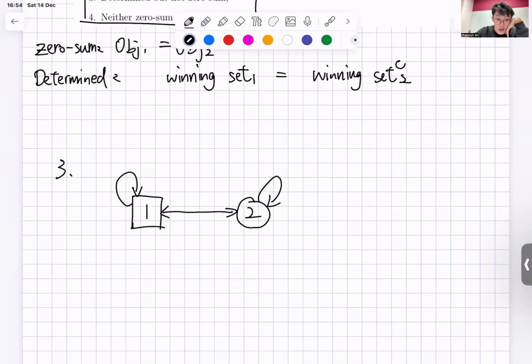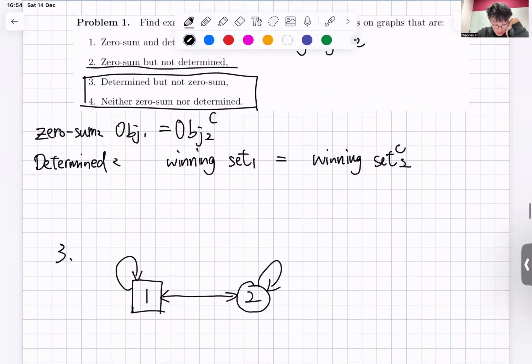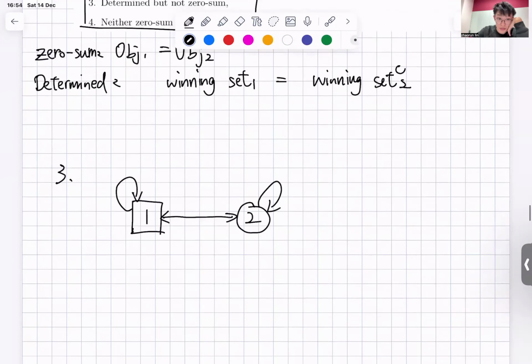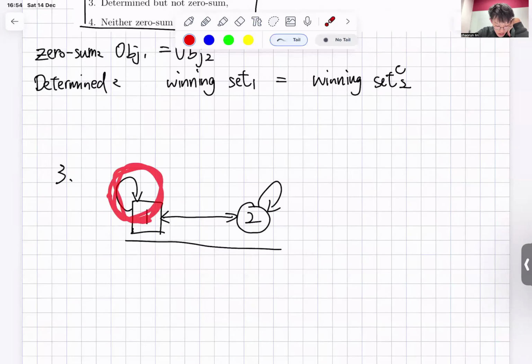And for part 3, we want to have a determined but not zero sum game. So let's consider this game. It is definitely determined, because if we start at this node, player 1 can keep staying at vertex 1 infinitely many times, and similarly for player 2.